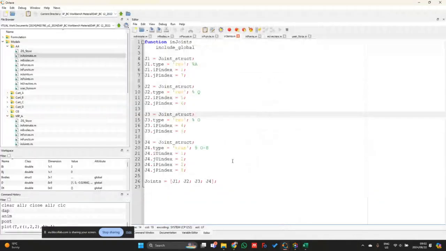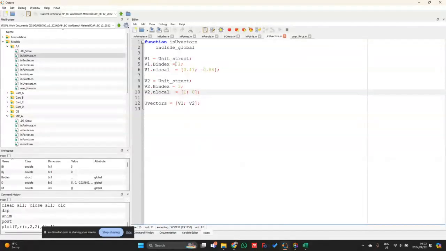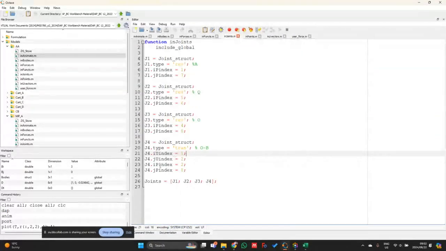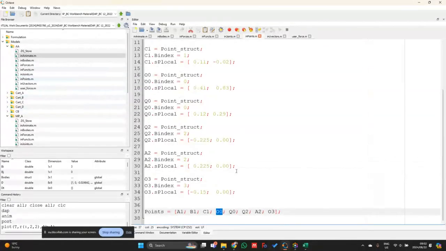And then I also just have to make sure that if I specify the iu index on body 1, then the ip point index also needs to be on body 1. So I check ip index is 2. If I go to the points, I can see that 2 is indeed also on body 1. So that's fine.